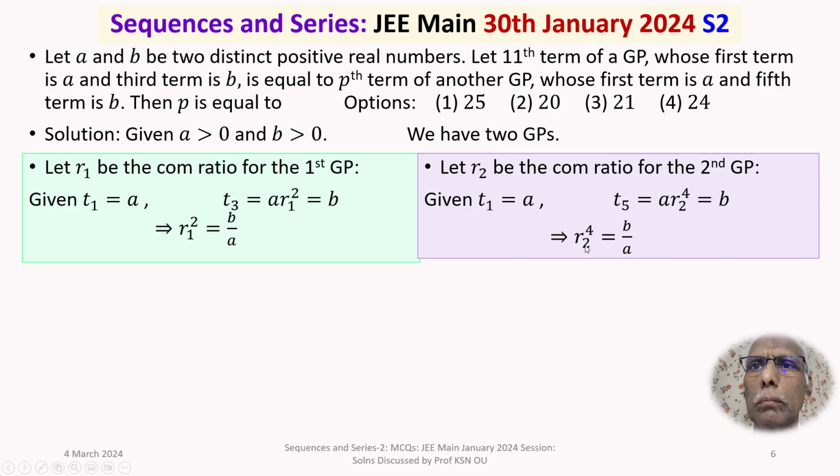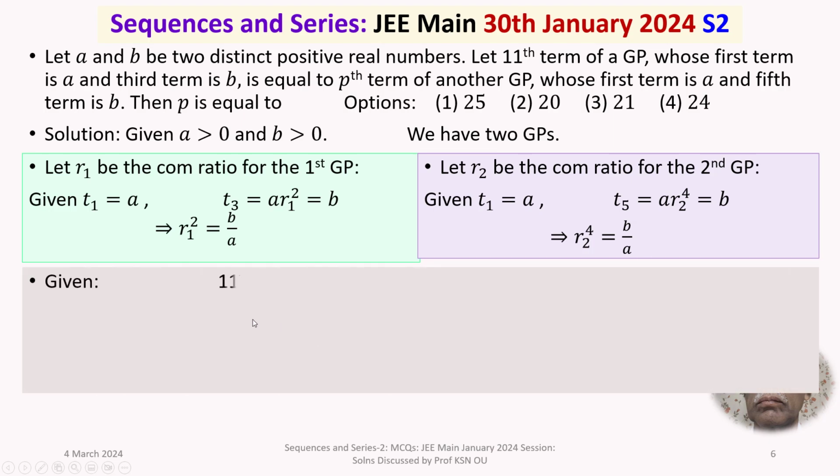For the second GP, R2 to the power of 4 is equal to B by A. So we are given the 11th term of the first GP is equal to the pth term of the second GP, required to find the value of P.